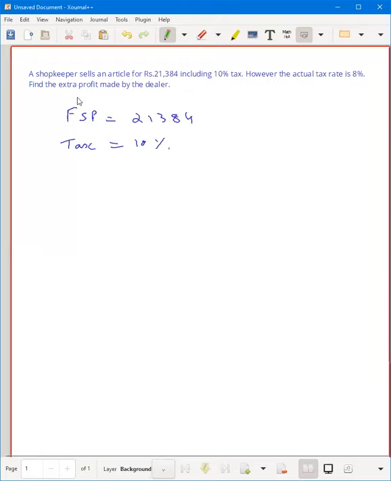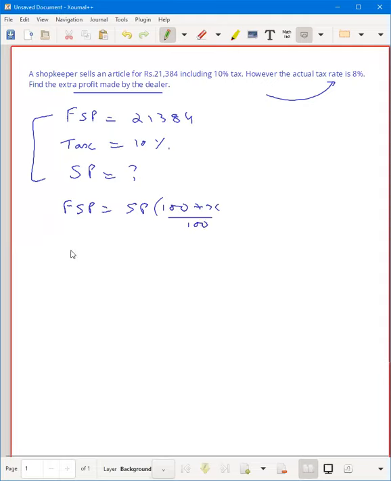So for finding out the extra profit at a rate of 8%, the first thing we need to do is find out the selling price. Which formula do we know that connects all three? Final selling price is equal to selling price into 100 plus tax percent by 100.